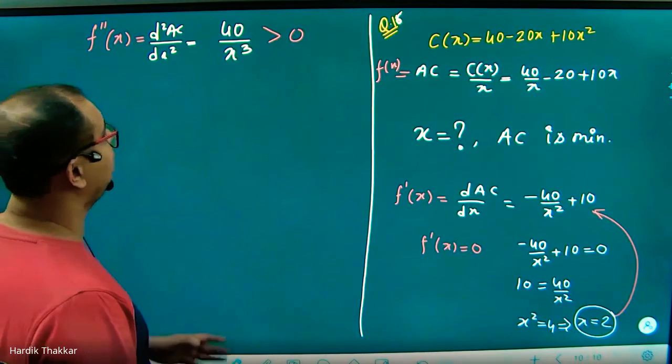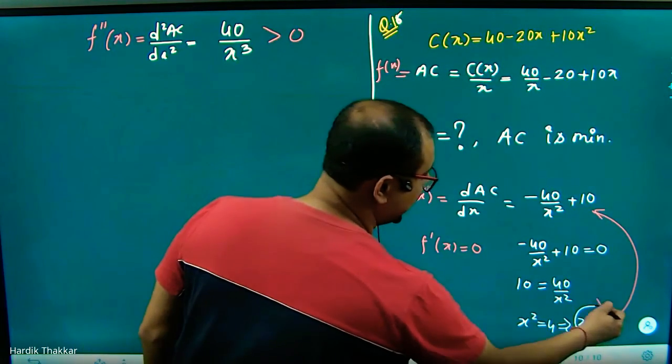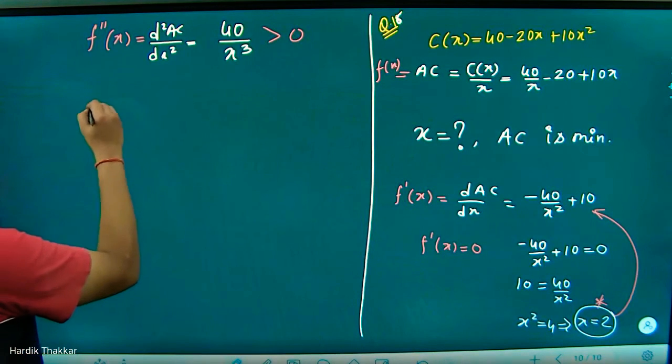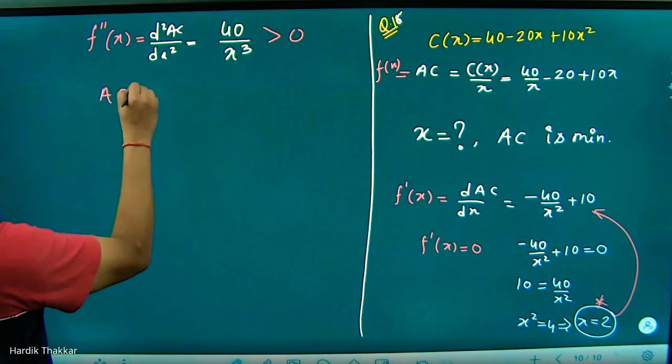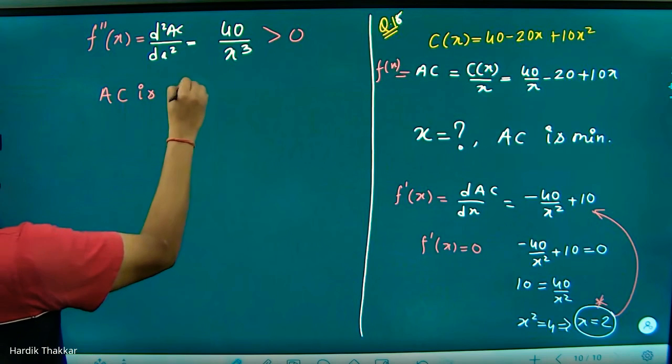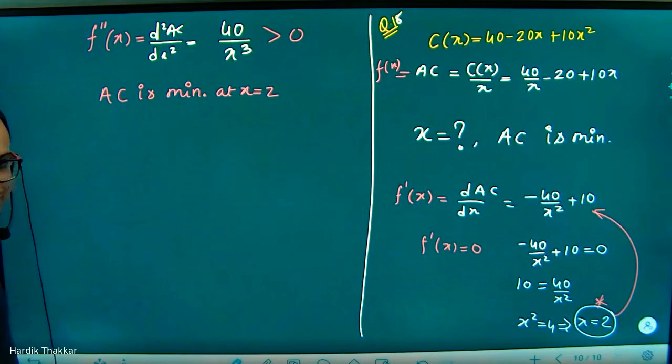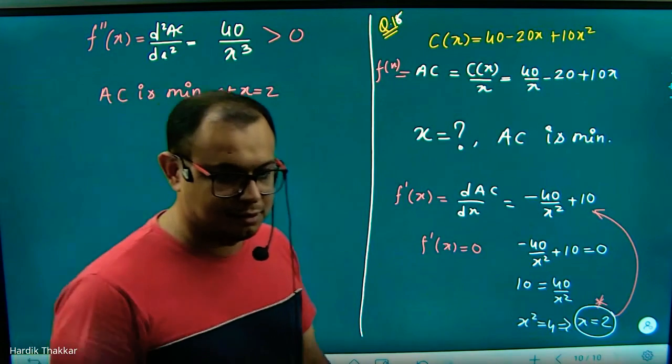When the second derivative is greater than 0, this point is called a point of minima. Recall point of minima. So AC is minimum at x equal to 2. That's it, that is the answer. Don't you understand?